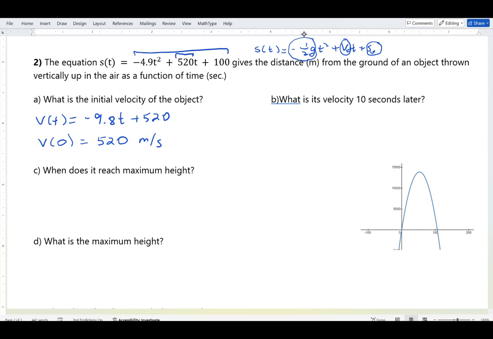Okay, part B. What is the velocity 10 seconds later? So all we have to find is v of 10. So go back to the velocity equation and plug in 10 for time. Negative 9.8 times 10 plus 520. And that should give us 422 meters per second.